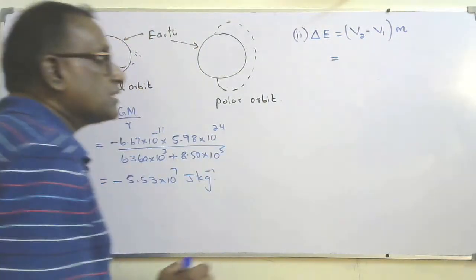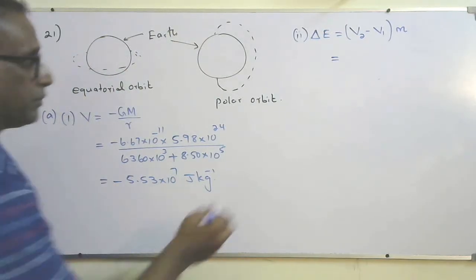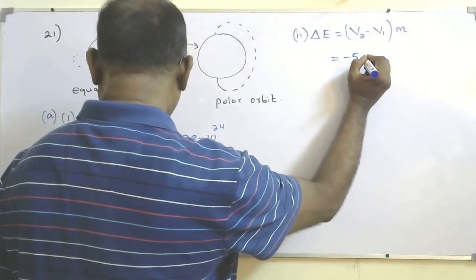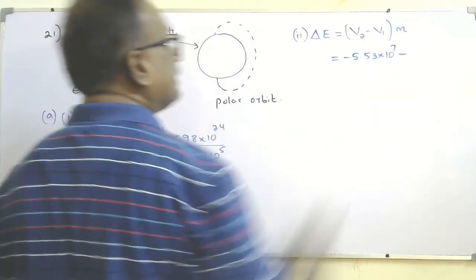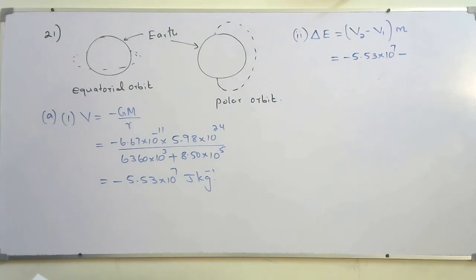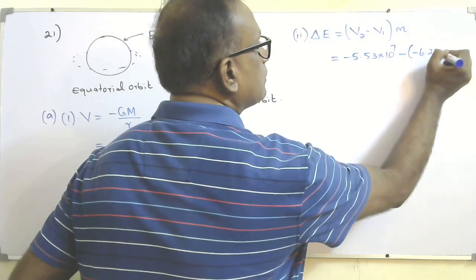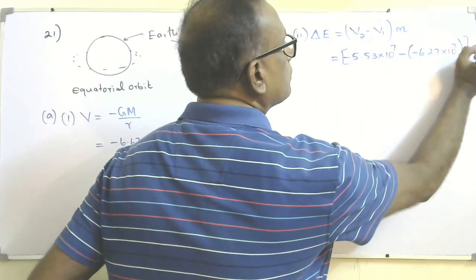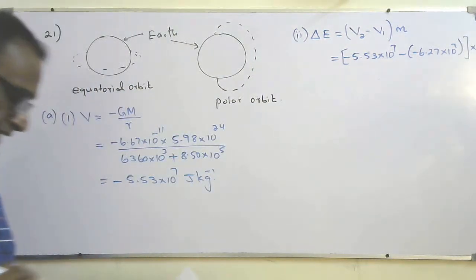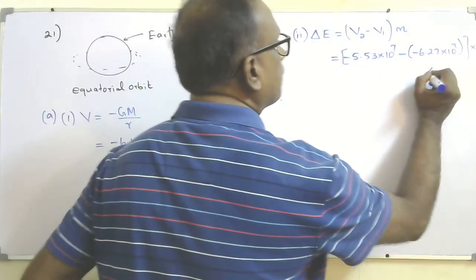So V2, the gravitational potential at the final position, is given as minus 5.53 into 10 to the power 7, minus the gravitational potential on the surface of the Earth, which is given as 6.27, into the mass of the satellite, given as 4,990 kilogram.